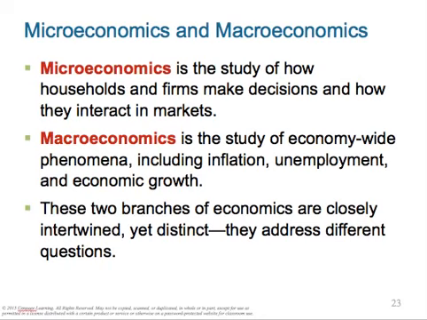So one's big picture, one's individuals. These two branches of economics are closely intertwined. They overlap a good bit, yet they are distinct. They address different questions. I would add microeconomics is inherently more behavioral, and macroeconomics is inherently more aggregate.